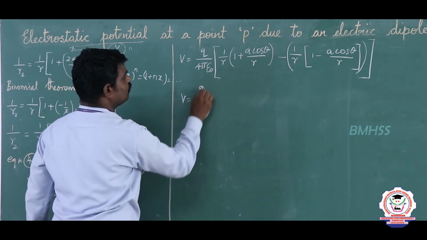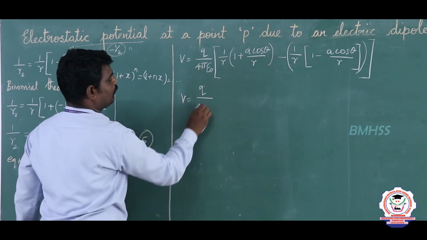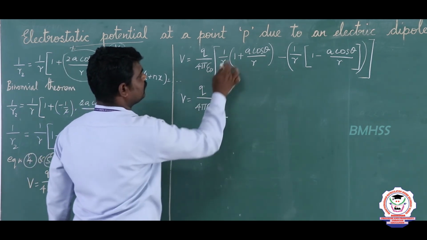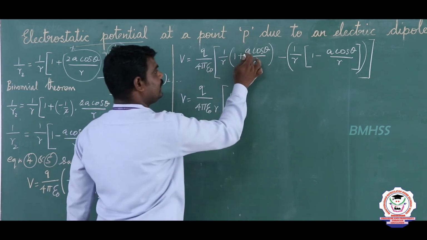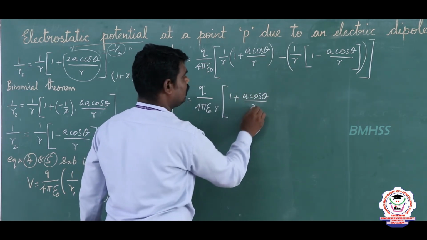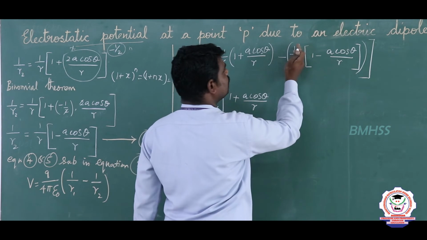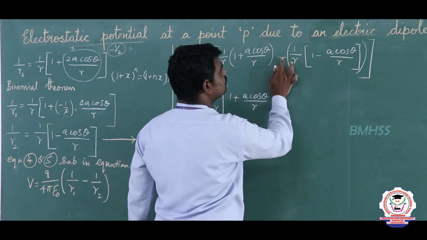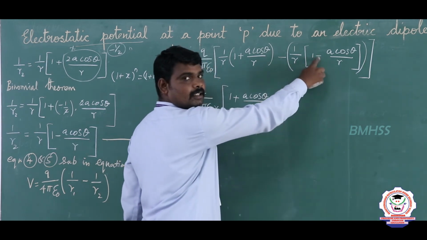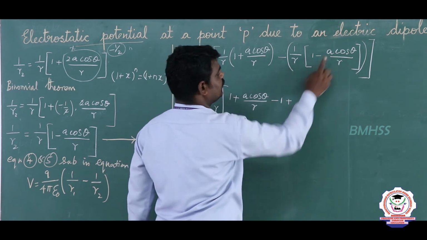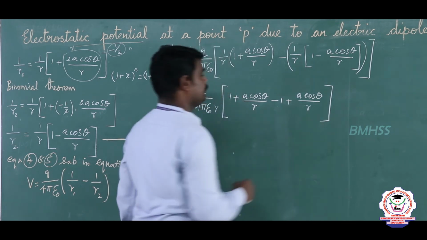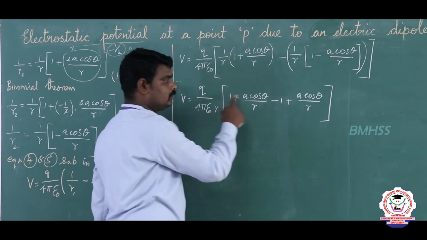So V is equal to Q by 4 pi epsilon naught and R is common, then remaining term 1 plus A cos theta divided by R, and here this term we take it outside, minus into plus minus 1, next minus into minus plus A cos theta by R. So this is a plus 1 and minus 1.